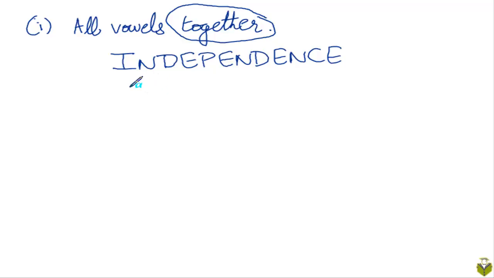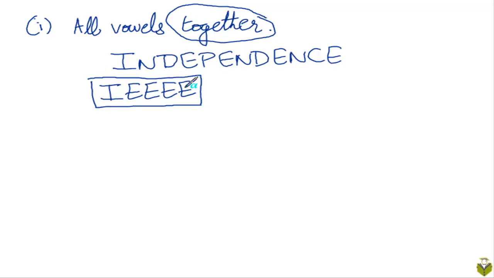So here in this case, what are the vowels? The vowels are I and E, right? So I is occurring just one time and E is occurring 4 times. I'm just putting a rectangle around it. These are the vowels that need to stay together.